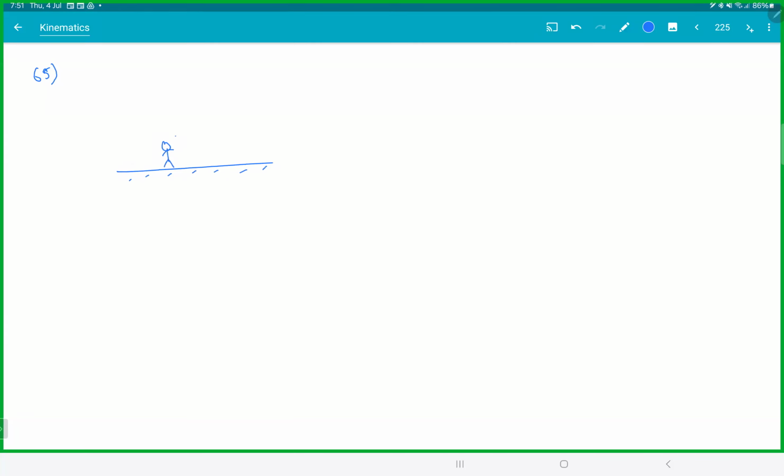So we have the man here. Let's say he's going with 10 meter per second. This is V rain with respect to the ground, meaning actually rain is falling at this speed, which is also 10 meter per second. And let this angle be 30 degrees.